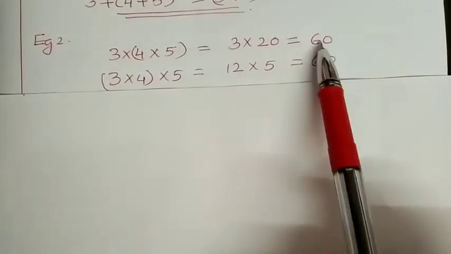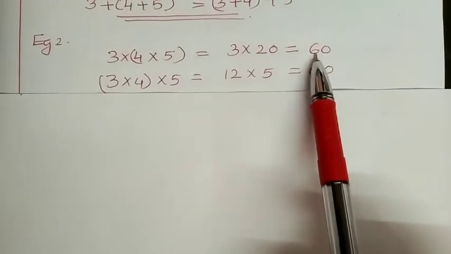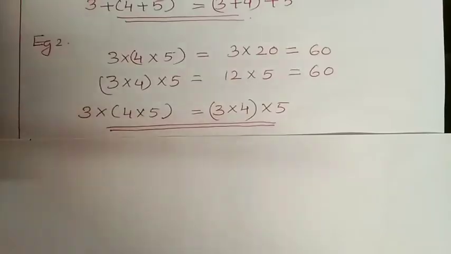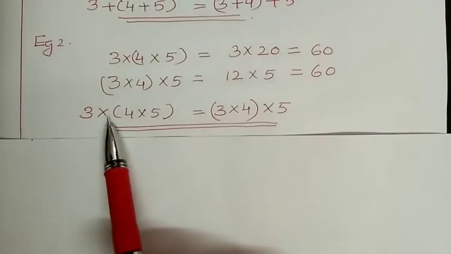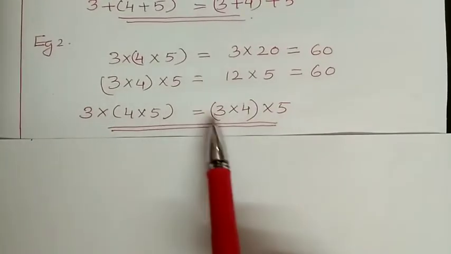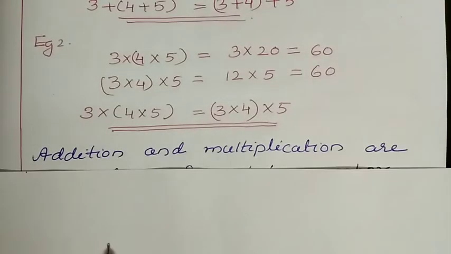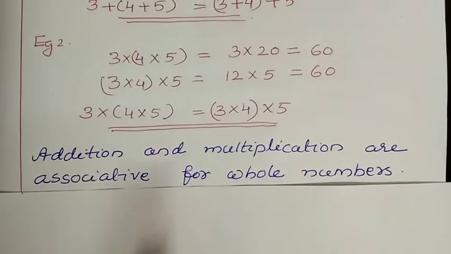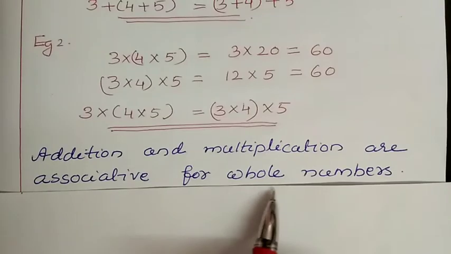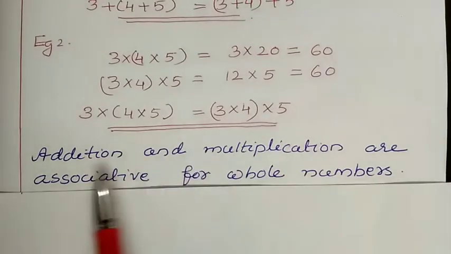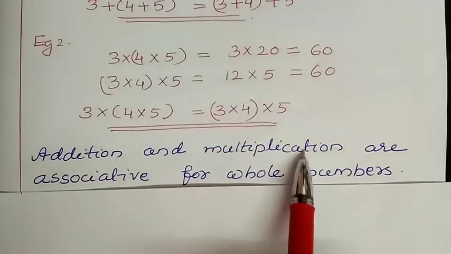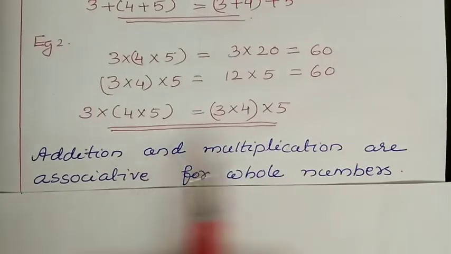Here also these two answers are the same. So addition and multiplication are associative for whole numbers.